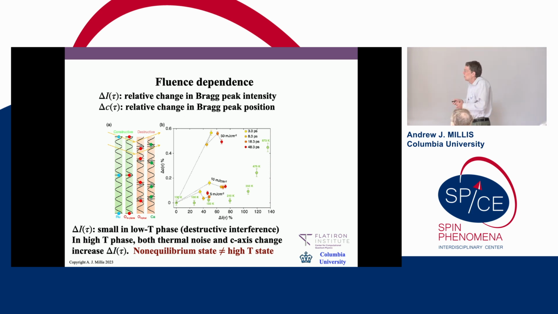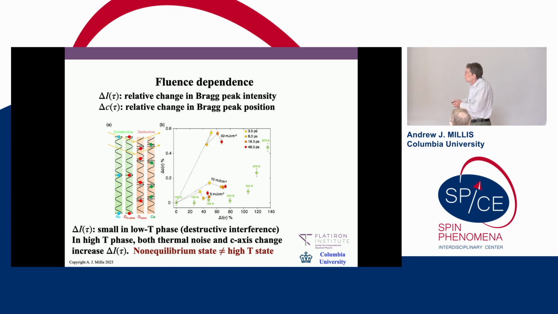Okay, now, this is a plot of the intensity of the peak in some units versus the change in position of the peak. This is the thermal effect. You go through the metal insulator transition in equilibrium, and the peak position changes, and the intensity changes, because you're getting both a higher temperature and you're going into a new state.